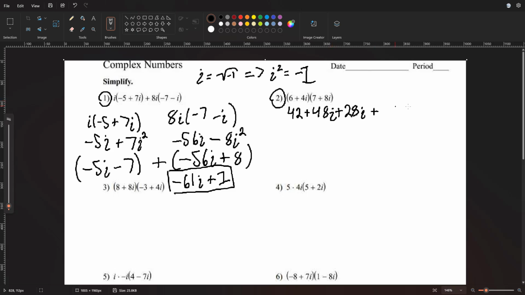And the i variables, we know that if, for instance, we did x to the first power times x to the first power, we're going to add the powers. So x to the a times x to the b is equal to x to the a plus b. It's the same premise with i, because essentially what this is saying is that these i's are to the first power. So now we're multiplying i to the first power times i to the first power. It's going to be i to the second power.